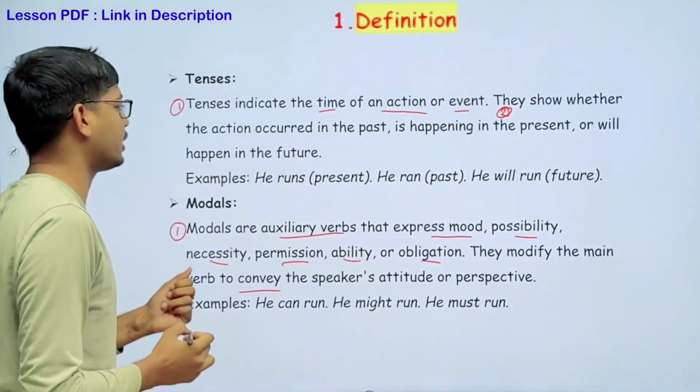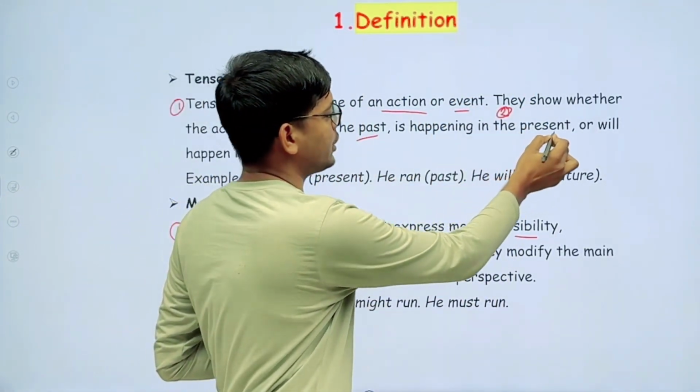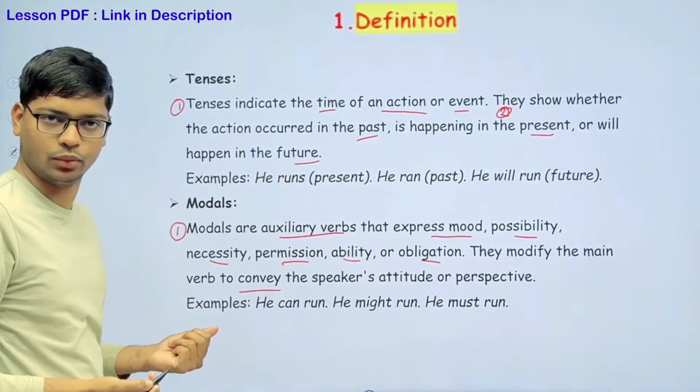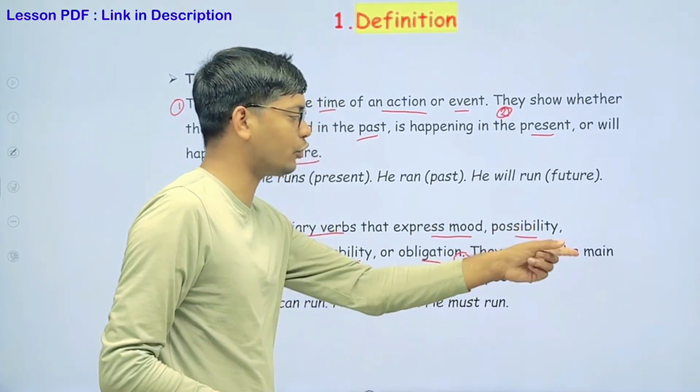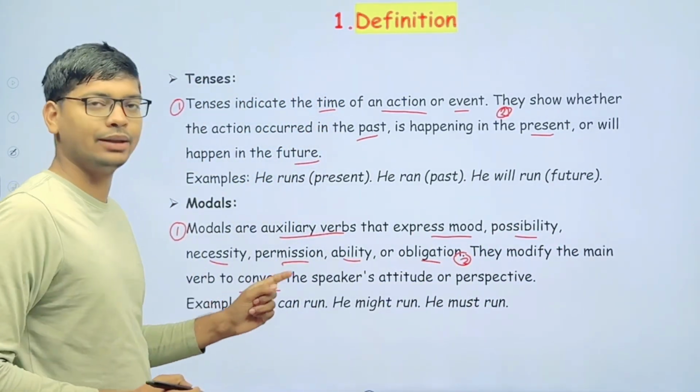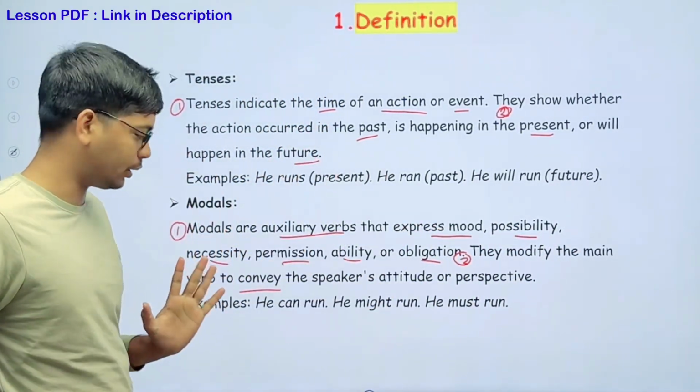Tenses show whether the action occurred in the past, in the present, or future time, but modals modify the main verb to convey the speaker's attitude or perspective.